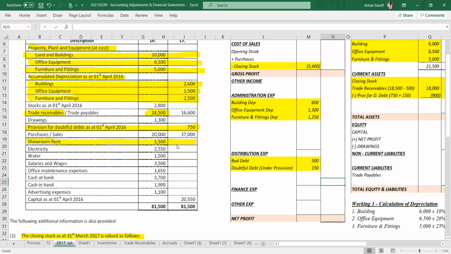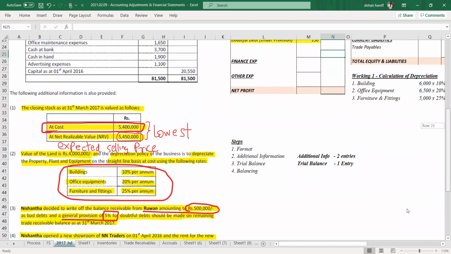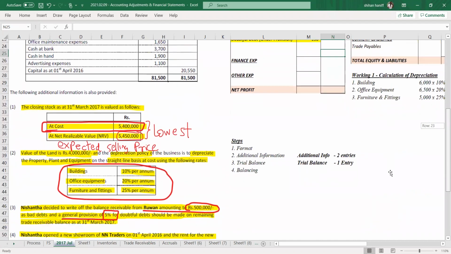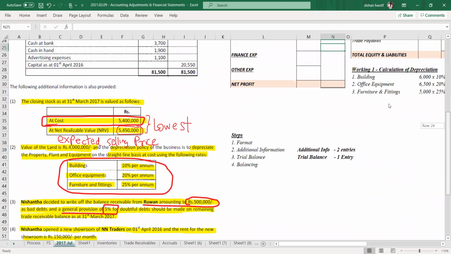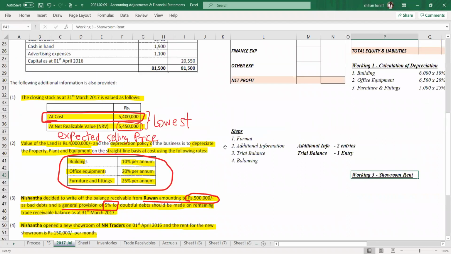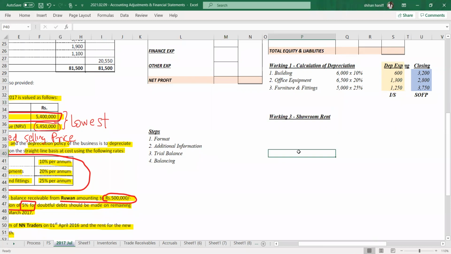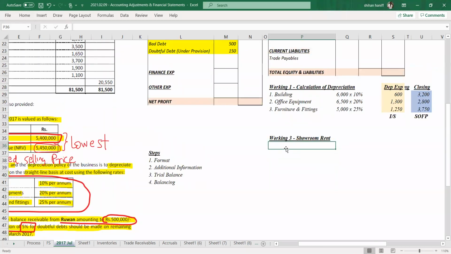So rent paid is 1,500. Right, let's do another working. Working number 3. Let's take showroom rent.